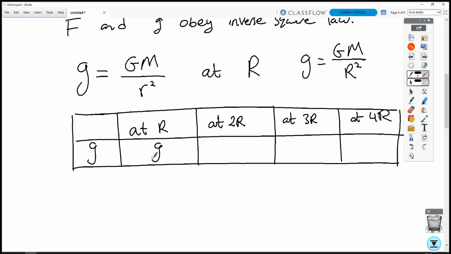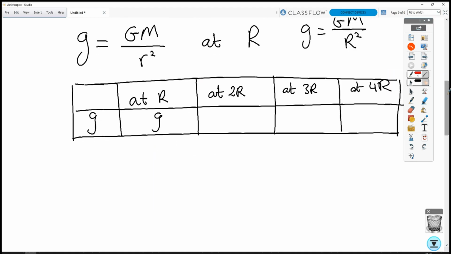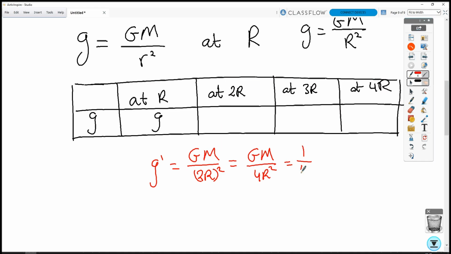So when you put it into there, I'll just make a quick note here that I'll rub off afterwards. If we put 2R into there, we get the new value of g equals Gm over 2R all squared. That's equal to Gm over 4R squared, which is equal to 1/4 of the original Gm over R squared. And the original Gm over R squared was just equal to g, because we defined that value of g to be at the surface.